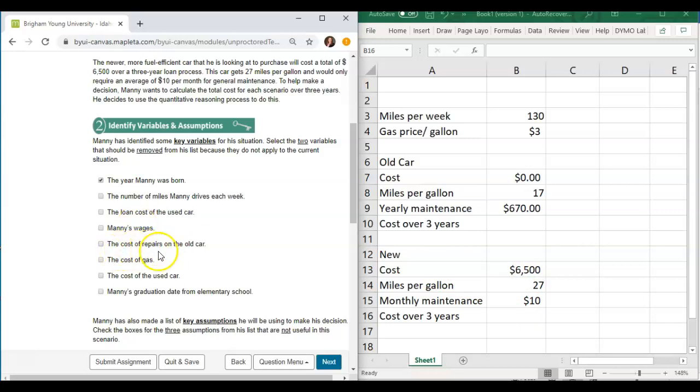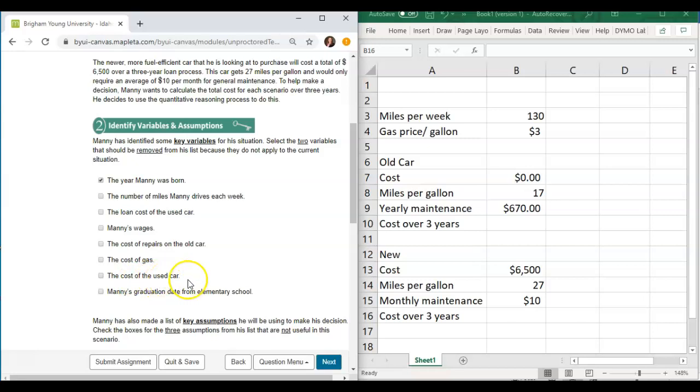The next one, the cost of repairs on the old car. Yep, again, this is going to help us with the final decision. And the next one, the cost of gas. Yeah, this applies to everything that we're going to be calculating for the cost of both of the cars.